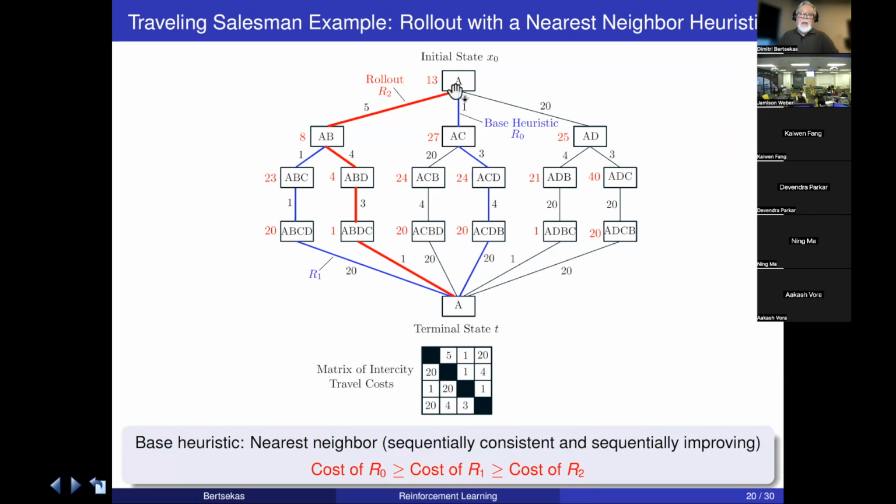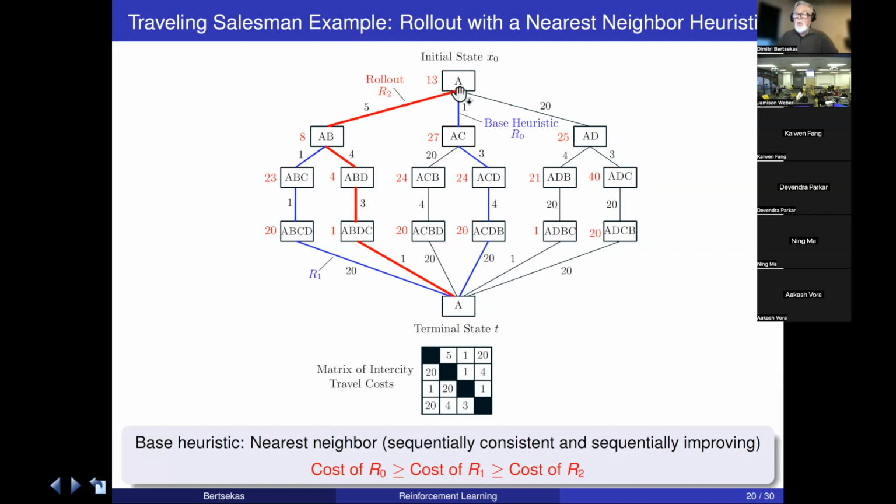Now, in the first step of rollout, we look at all these next city possibilities, and we run the nearest neighbor heuristic from each one. Okay, from here, the nearest neighbor heuristic is this one. From here, the nearest neighbor heuristic is this one. And here, okay, I think it's this one here.